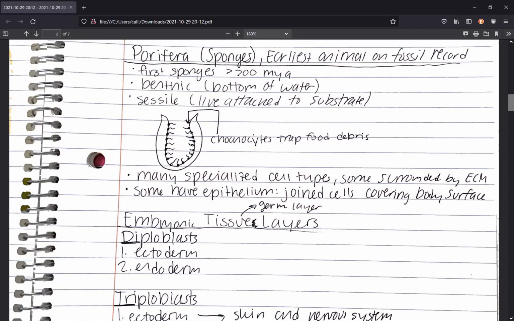They are sessile, so they are attached to a substrate. And in terms of how they feed, they have these choanocytes, which trap food debris. They can have many specialized cell types, and some have an epithelium, which is joined cells covering body surfaces, such as the epidermis.